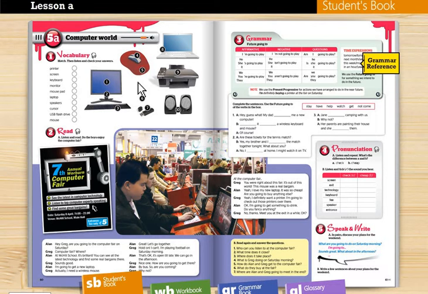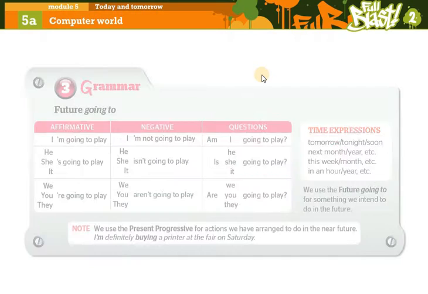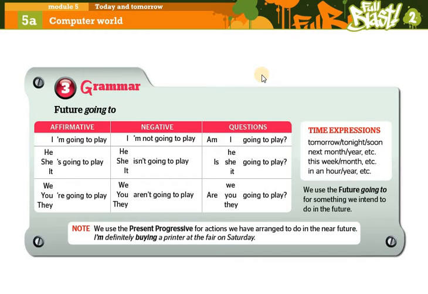When you finish, please go to your student's book again. Grammar lesson. As you see here, we have the future with going to. We simply call it future arrangements or future plans.